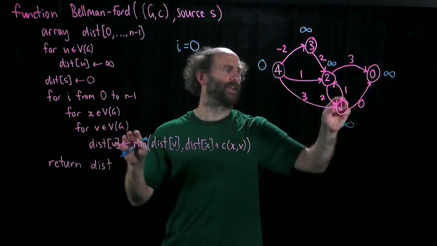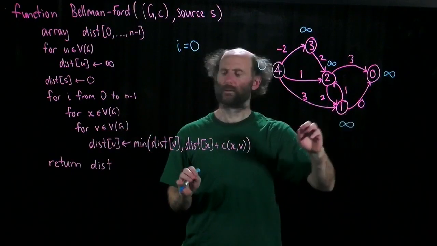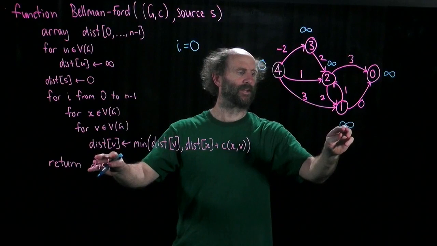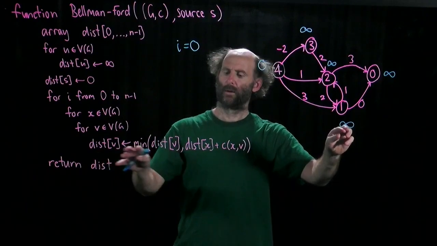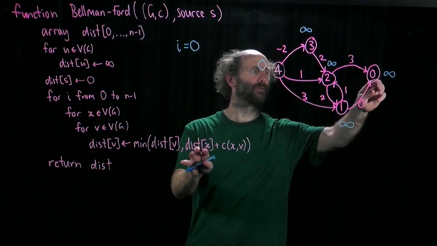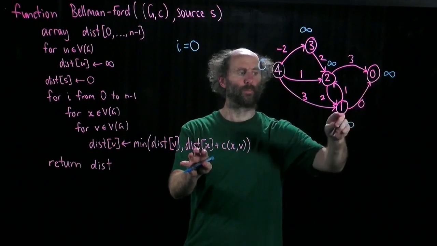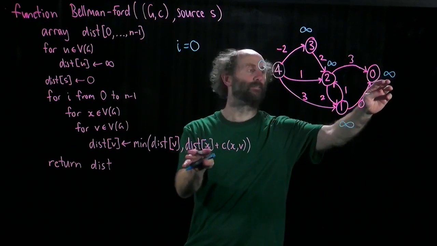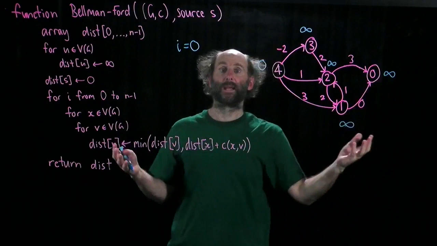So we increment v. So v is now 1. We say, can we improve this infinity, the distance to 1, by considering the distance to 0 plus the cost of any arc from 0 to 1? Again, if we've got a value of infinity for dist x, we're never going to make an improvement.